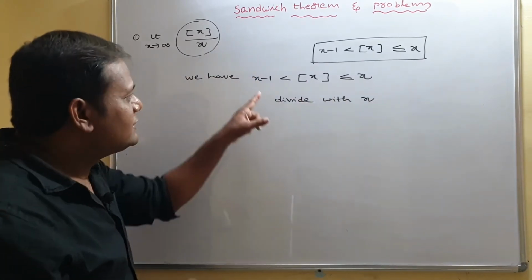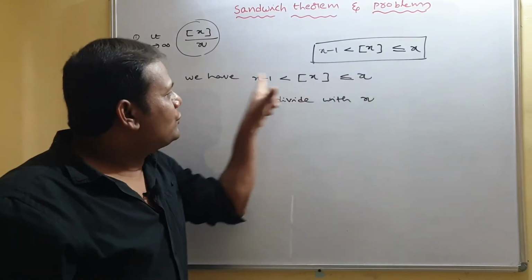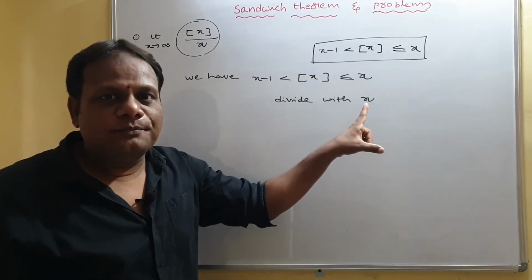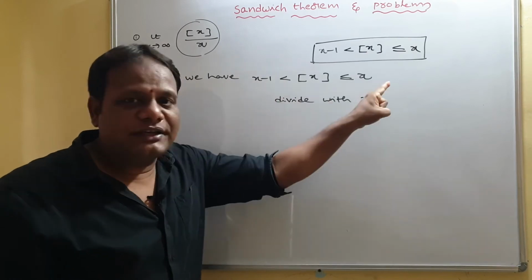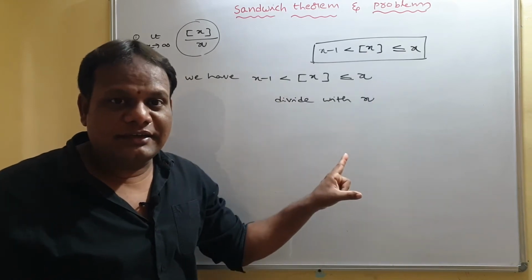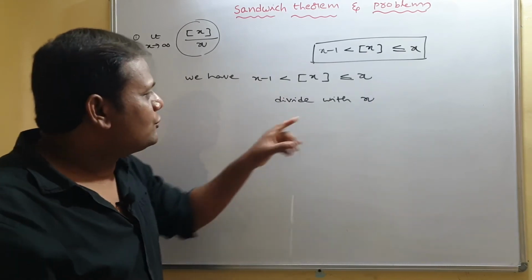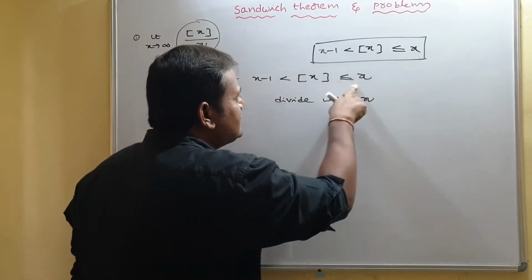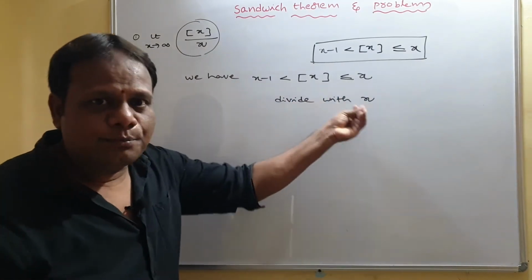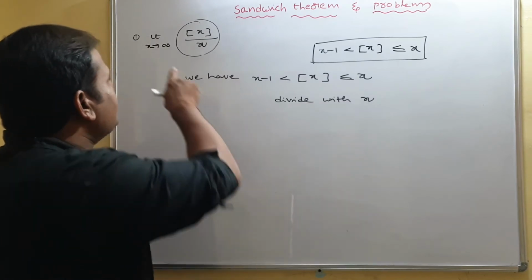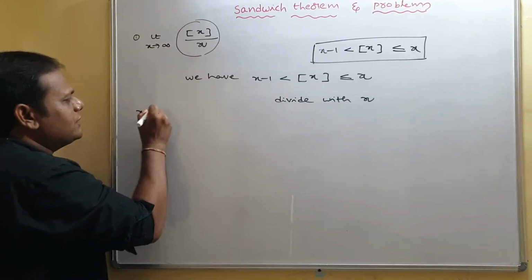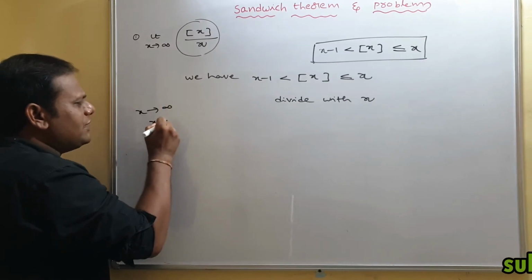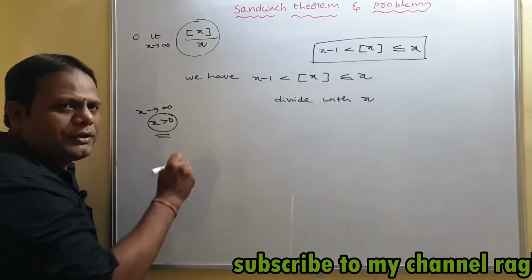But here this is inequation. If you divide this with a positive value, no change in inequation sign. If you divide this with a negative value, inequation sign changes. So here we are going to divide this with x. Is x a positive number or negative number? Here you observe, given that x approaches infinity, x approaches infinity means is x a positive number or not?